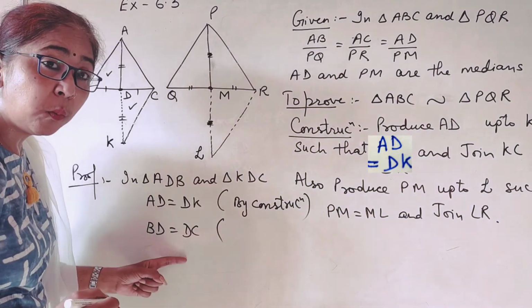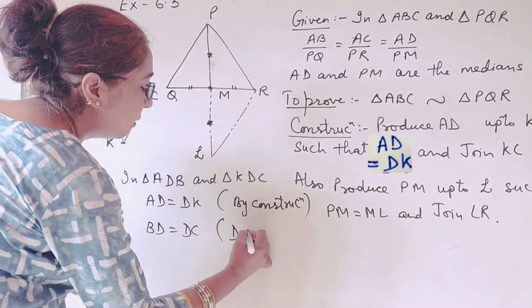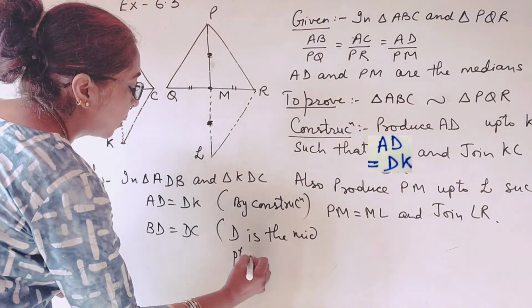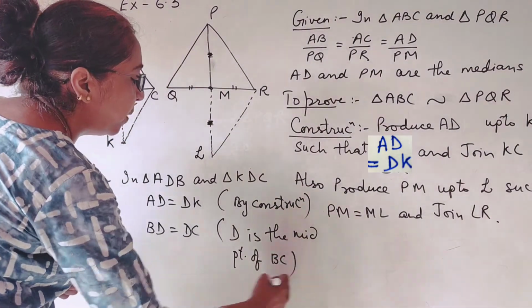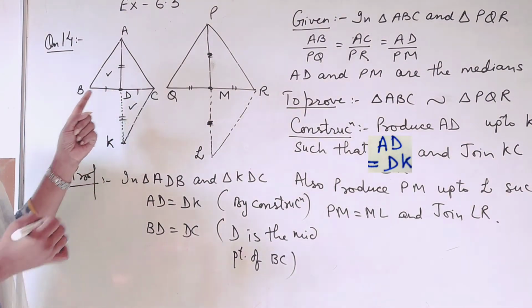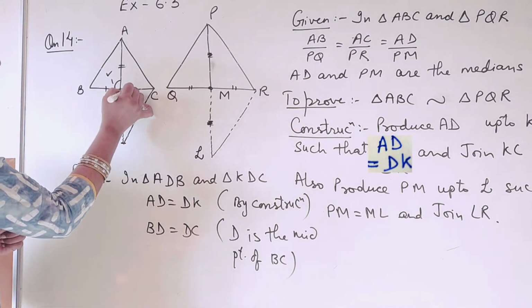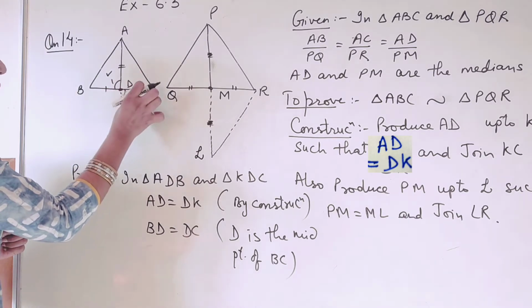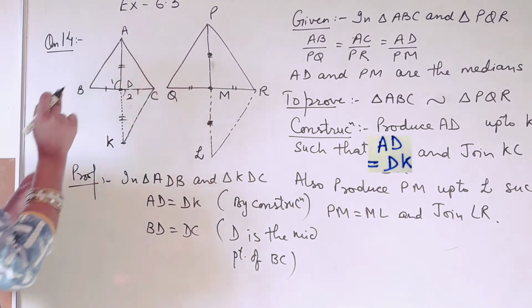This is because D is the midpoint of BC. Right. First one, second one, two lines are equal and these two angles, 1 and 2.